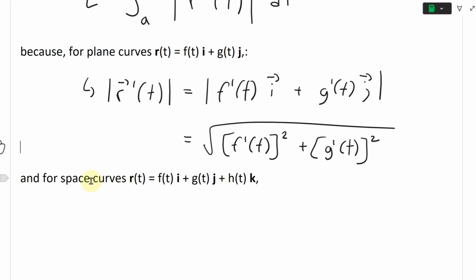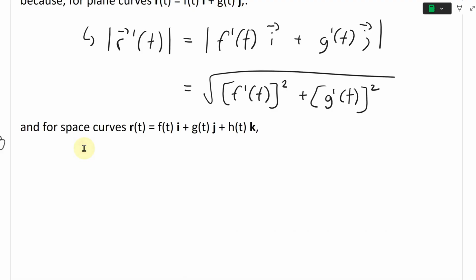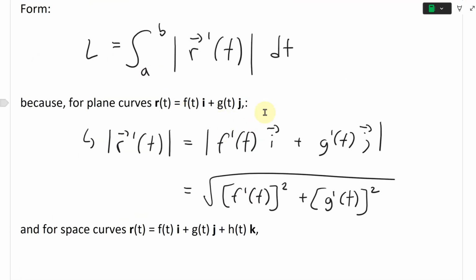All right. And for space curves, which are basically 3D curves, we have that extra z component, so h of t there. It's the exact same thing, but we have an h of t.